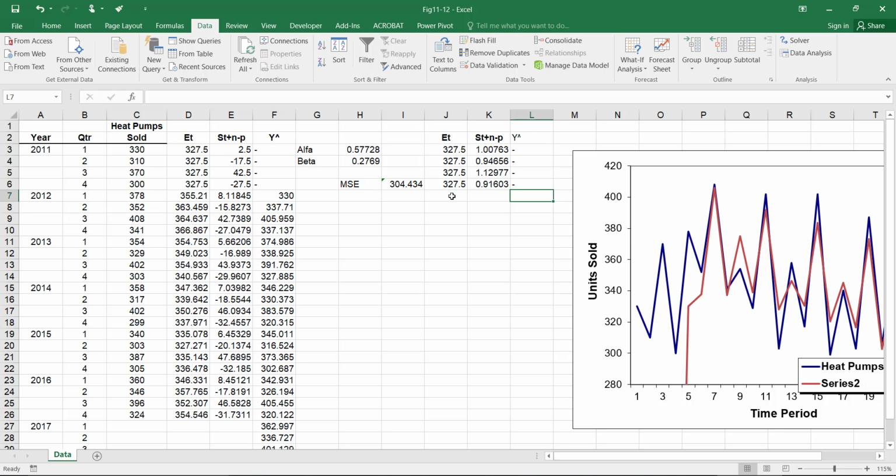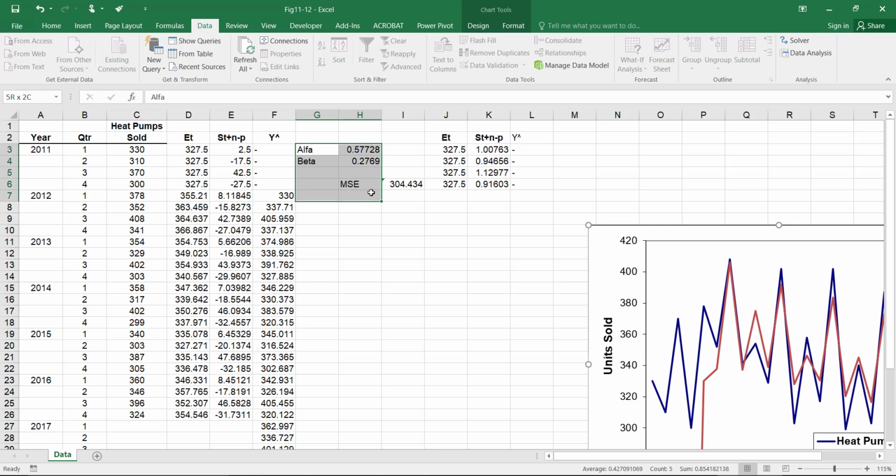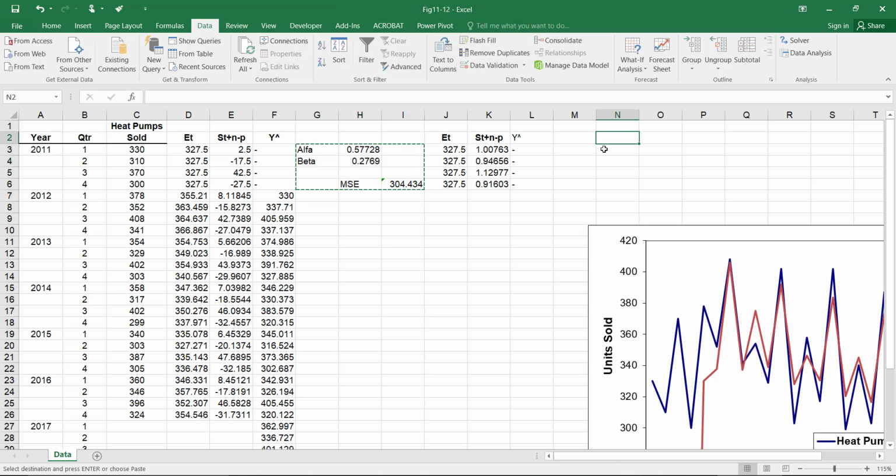And then in a similar way we have to define the alpha and beta. So let's define the alpha and beta, as well as the MSE. Let's define alpha 0.5 and beta 0.5.